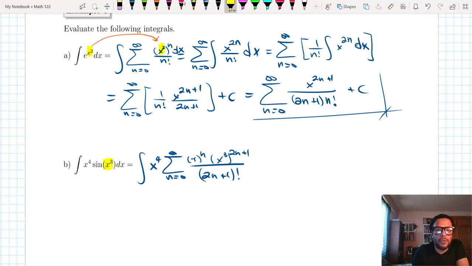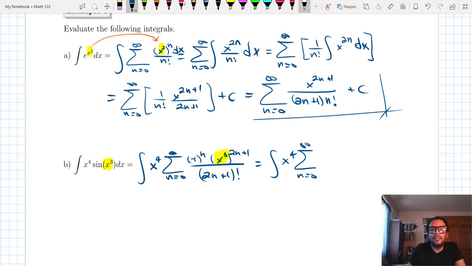But in this case, our u is not just x, but actually x cubed. First of all, we need to do some simplification. We need to do some work before we are able to integrate this. So this will be x to the 4th times sigma n equals 0 to infinity.